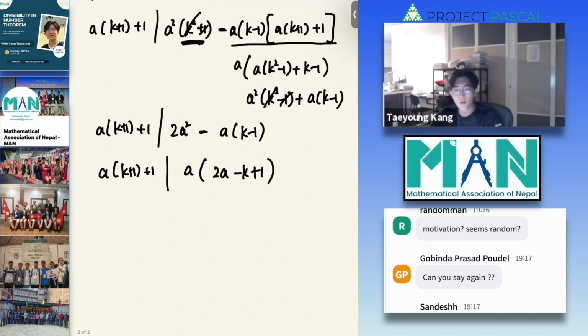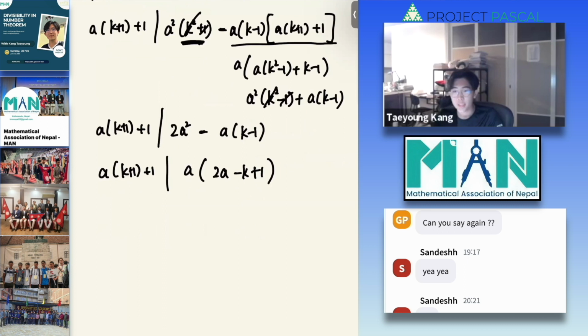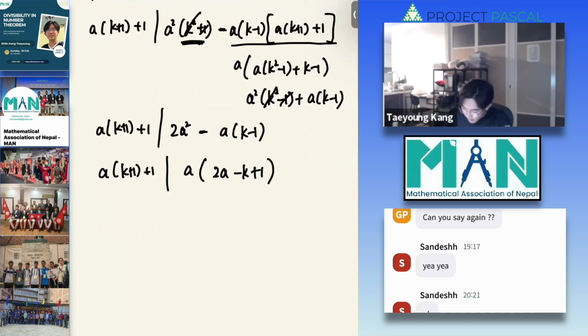But then what's a key observation right now? The key observation is that this thing here is coprime to a. Do you guys get why it's coprime to a? It's because it is a multiple of a plus 1.